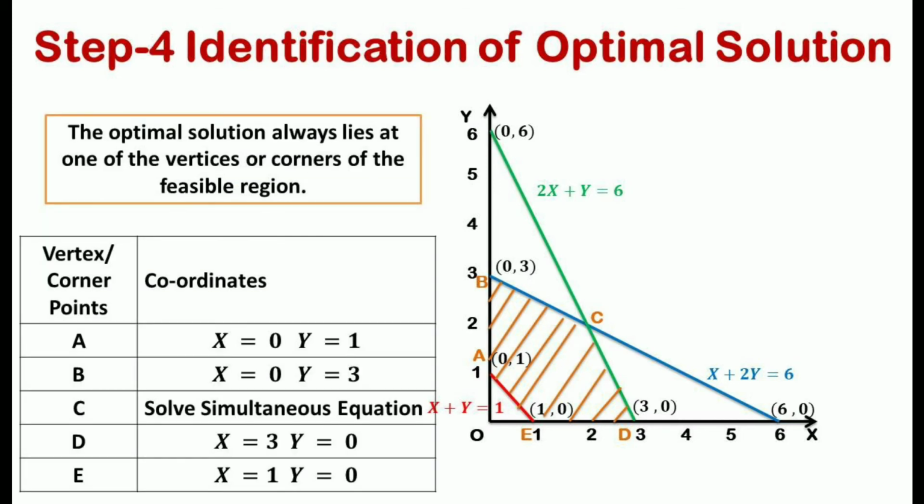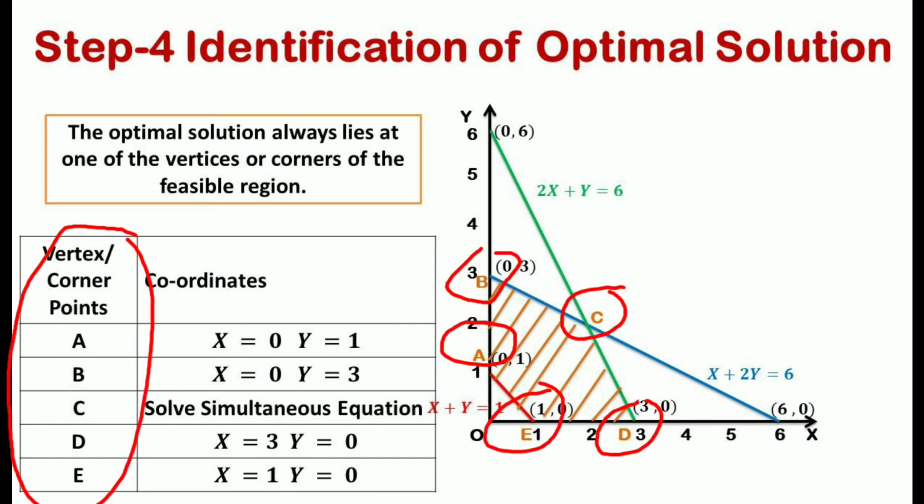But how will we get the maximum value of the objective function, because our objective function is maximization of profit? The optimal solution always lies at one of the vertices or corner points of the feasible region. See here, we have 5 vertices or corner points.